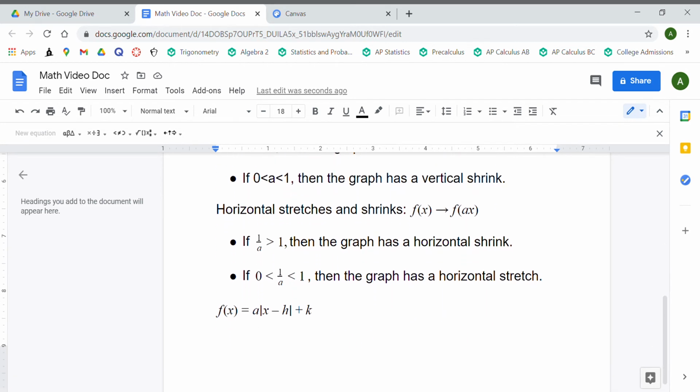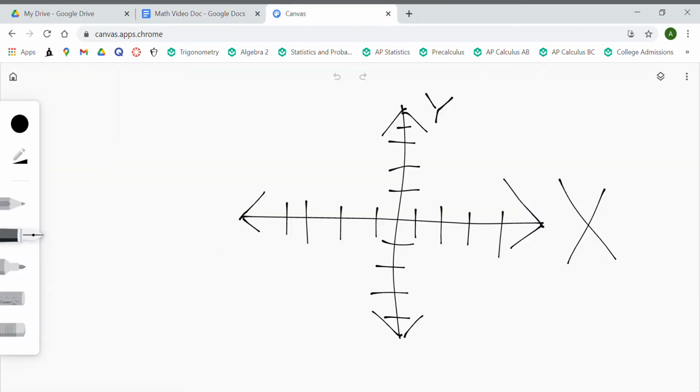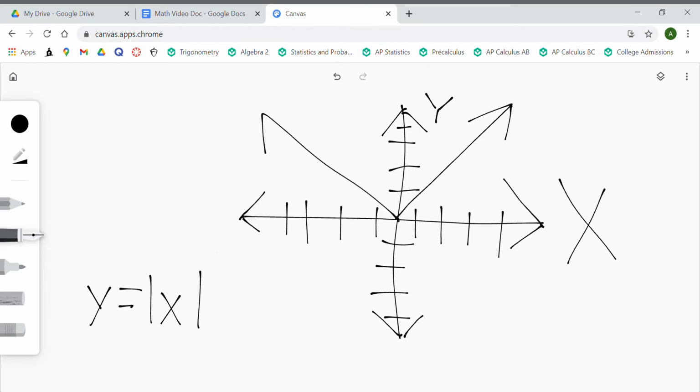Okay, so we're just going to get started here. All right, so first thing I'm going to show you is the graph of y equals absolute value of x, the parent function. Now you see why we are shoving this into the linear functions chapter, because it looks like two linear functions combined into one.